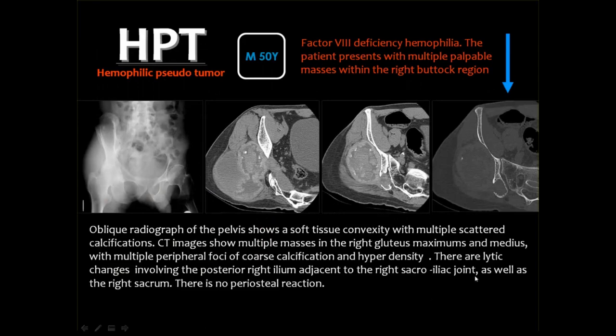And this is another example of a hemophilic pseudotumor in the iliac bone. And this is associated with an osteolytic lesion in the posterior aspect of the iliac bone, as well as a big extraosseous soft tissue component. It's not clearly seen in the straight radiographs, but you can see the lesion in the CT scan.